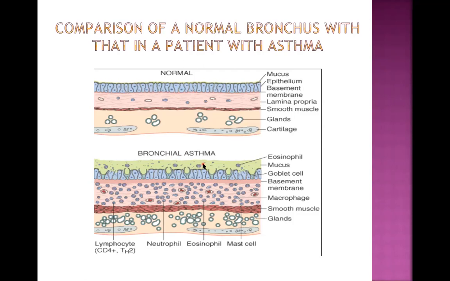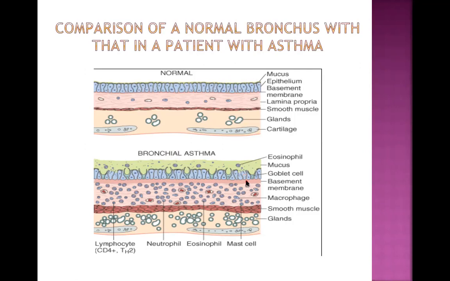Now, why is the lumen narrower? There are many reasons. One, look at the thickness of this mucus here. In the normal airway just a very slight layer, but here a very, very thick one. Number two, all these goblet cells and other cells are increasing in number, and they are overworking.